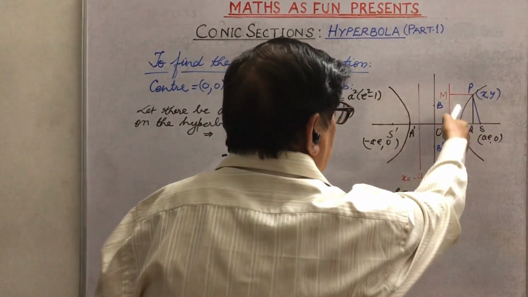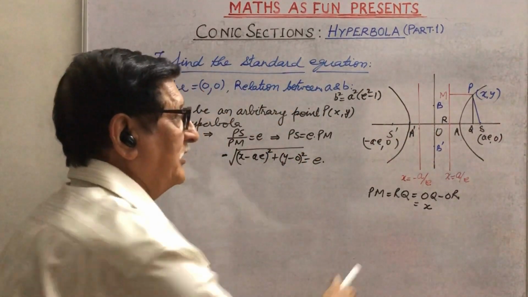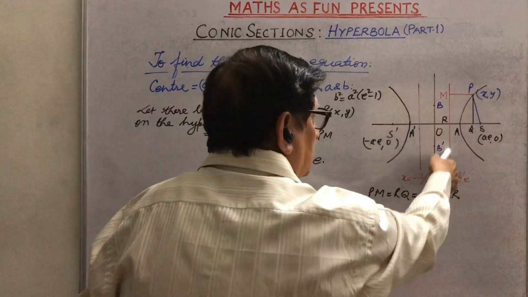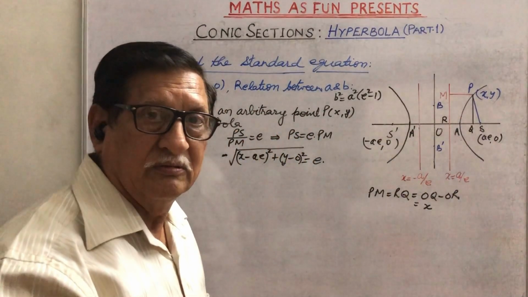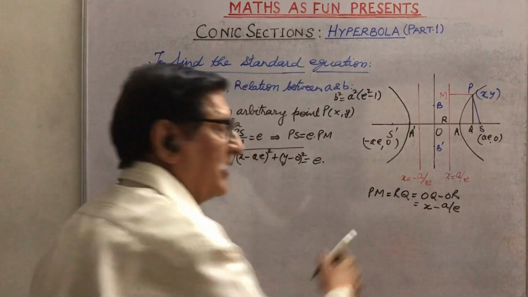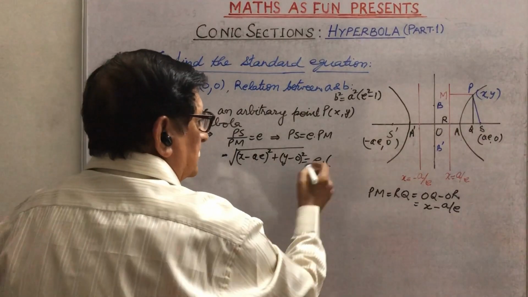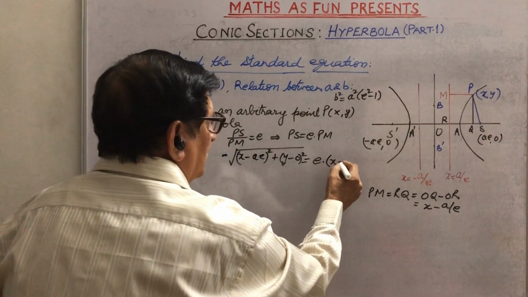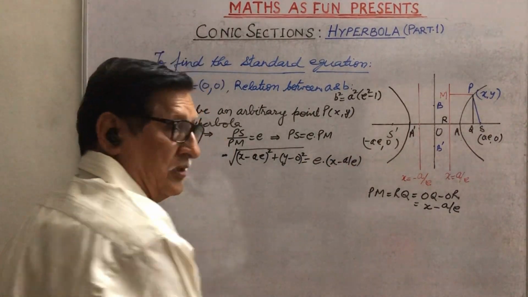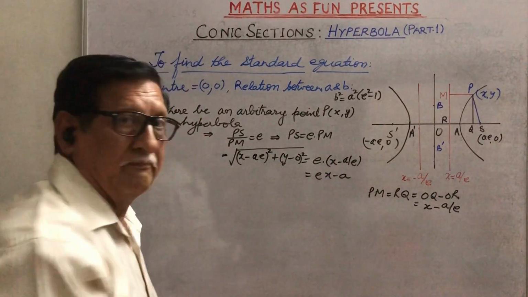OQ is the x coordinate of this point P, that will be x. Minus, what is OR? OR is the distance of the directrix from the origin, that is a upon e. It means that comes as x minus a upon e. If we substitute that value here, this will be e into (x minus a upon e). Simplifying which, we are getting ex minus a.